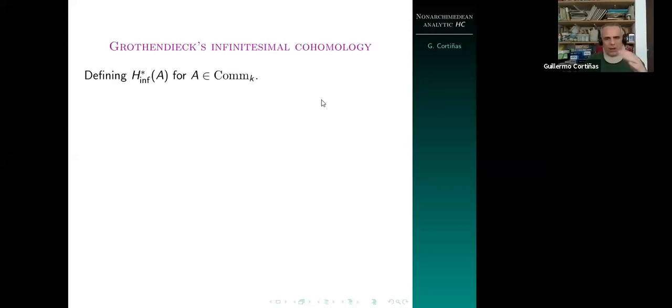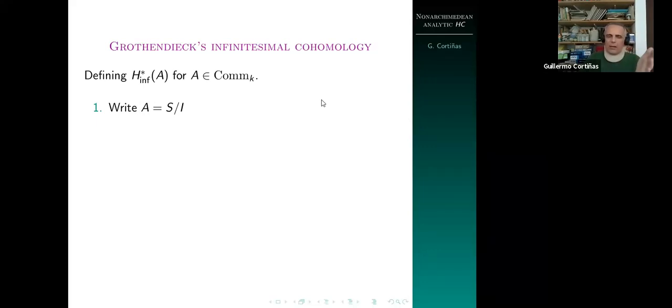So how is this defined? It is more generally defined for schemes, but say we have a commutative algebra, or if you will, an affine scheme. So I have a commutative algebra A over my field K of characteristic 0, and I want to define H-inf. Okay. So here's a procedure or recipe.